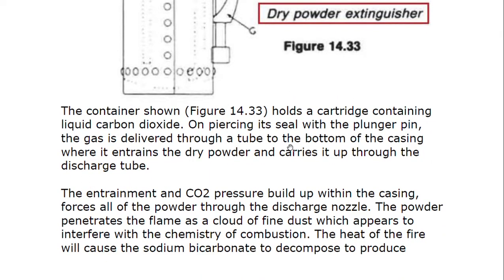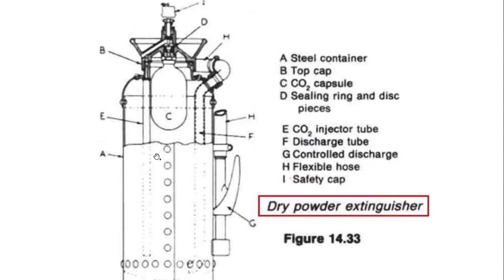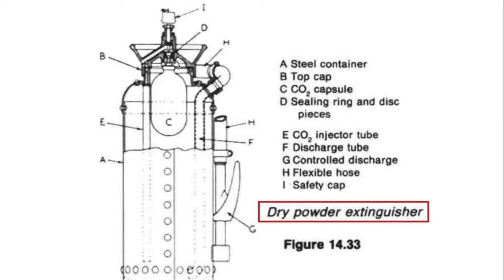Now, on piercing its seal with the plunger pin, the gas is delivered through a tube to the bottom of the casing. Okay, the gas is delivered through the tube. You see here a tube is attached and through it, it is delivered to the bottom.